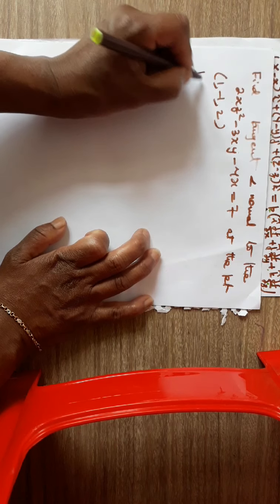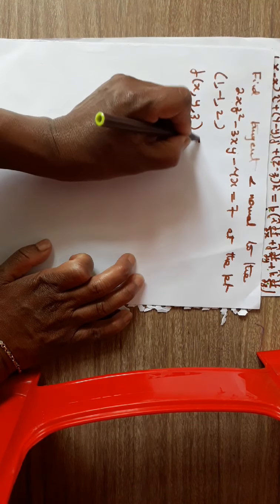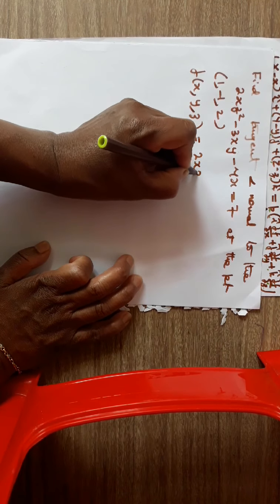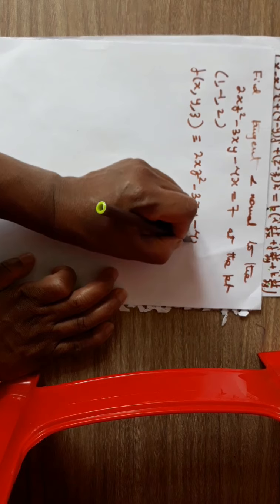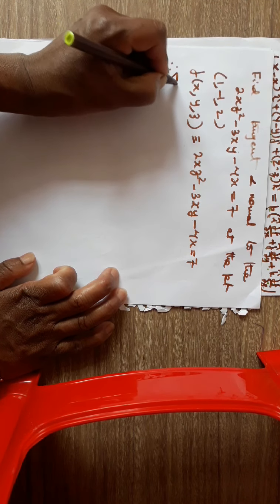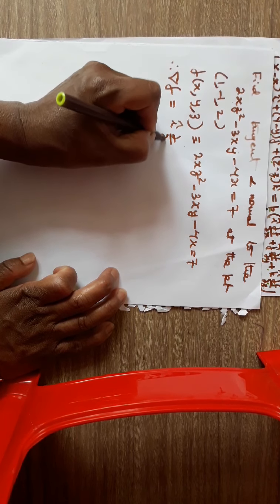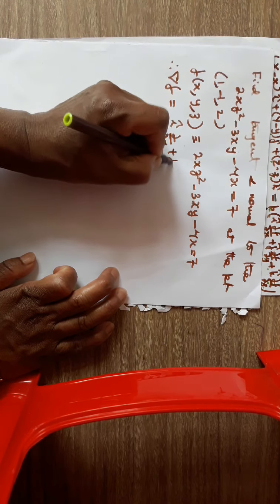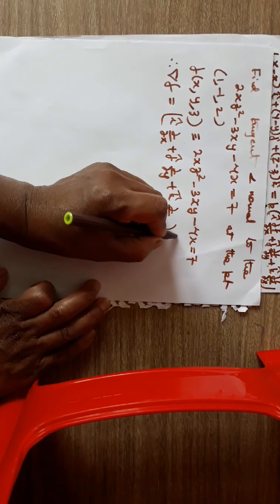The equation of the surface is given, f(x,y,z) equivalent to 2xz² − 3xy − 4x equal to 7. Therefore del f, that is the gradient of f, is equal to i into del x plus j into del y plus k into del z of f.